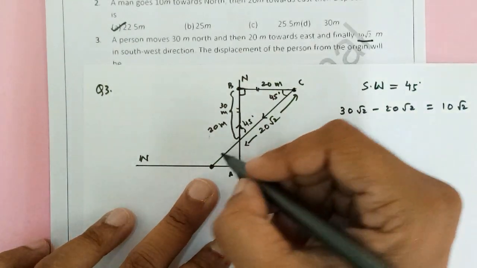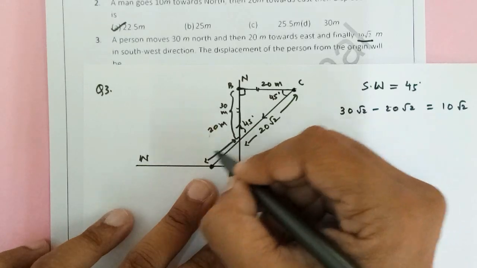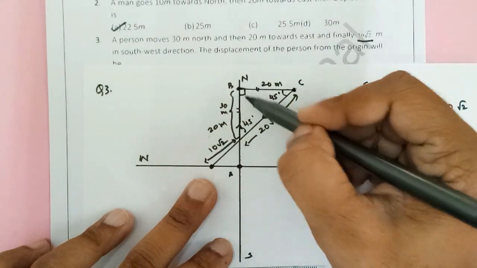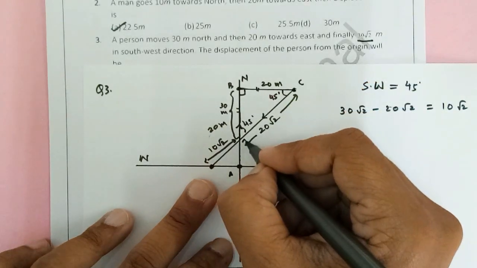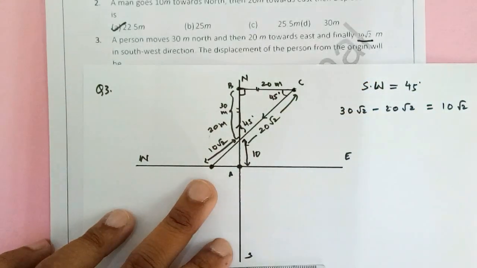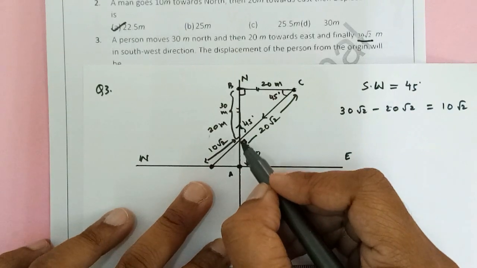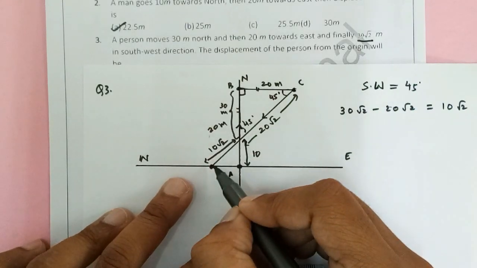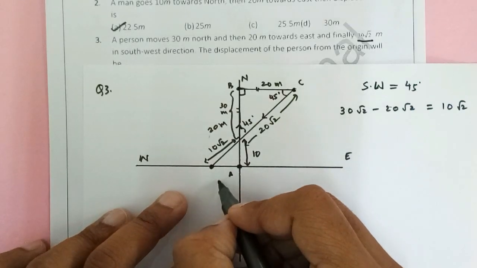So this segment is 10 root 2. Now this whole length is 30, this length is 20, so this length will be 10. Now as per Pythagoras theorem, if this is 10 and this is 10, then and only then this will become 10 root 2. So this distance is also 10.